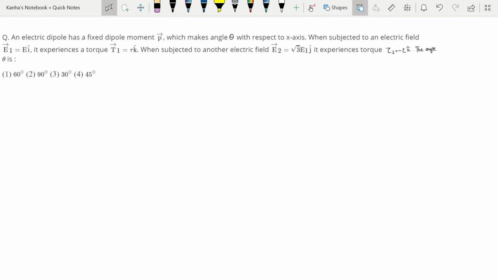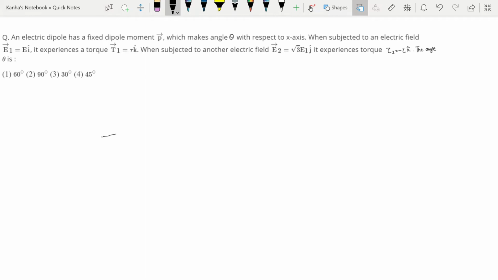So I am giving another question to you. An electrical dipole has a fixed dipole moment P, which makes an angle theta with respect to the x-axis. When subjected to an electrical field E1, it experiences a torque T1. When subjected to another field E2, it experiences a torque T2. You're supposed to find theta in this problem.